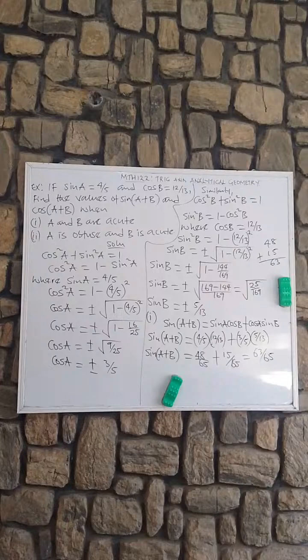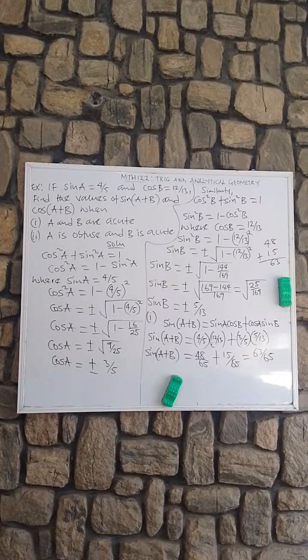Yeah, there is a mistake. You said cos B is equals to 12. Yeah, what is the mistake? Lawal, Moses, I'm with you.